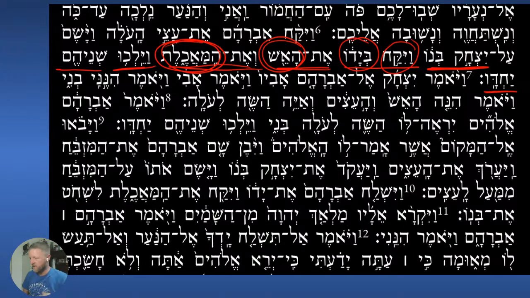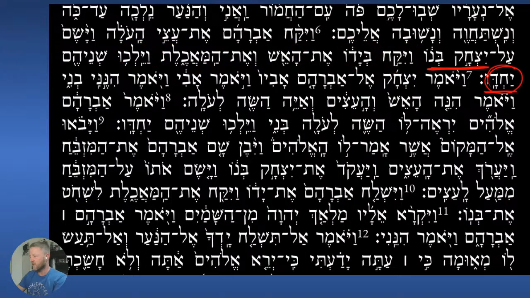In this case, he's thinking to use it against Isaac. And the two of them, shnehem, went together. The slave boys stayed to guard the donkey, and Abraham and his son walked on.